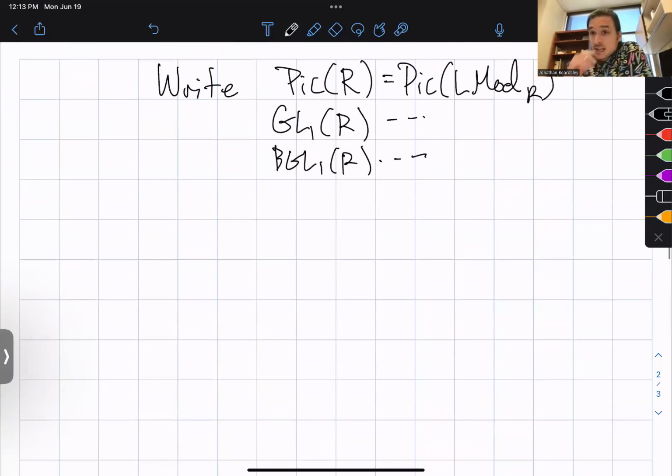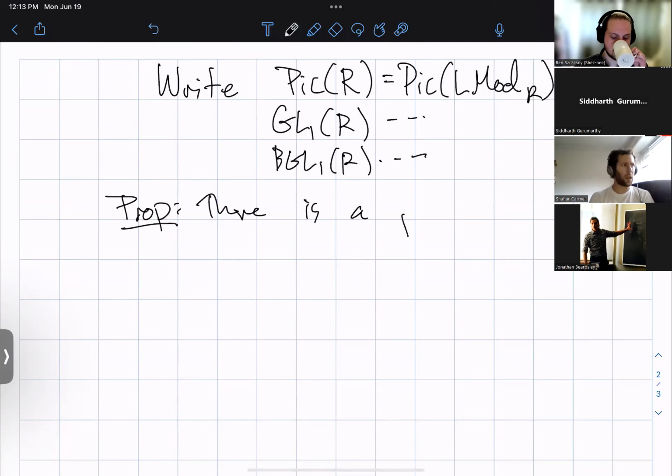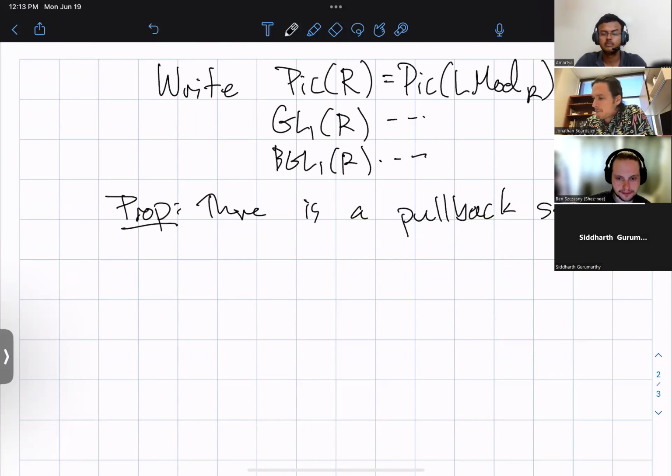The other nice thing about this situation is that you can give a really concrete description of this space GL1 R. There's a pullback square that GL1 of R participates in.